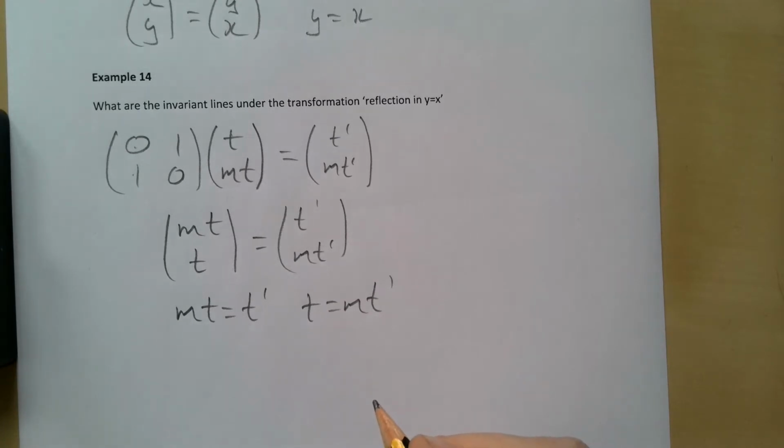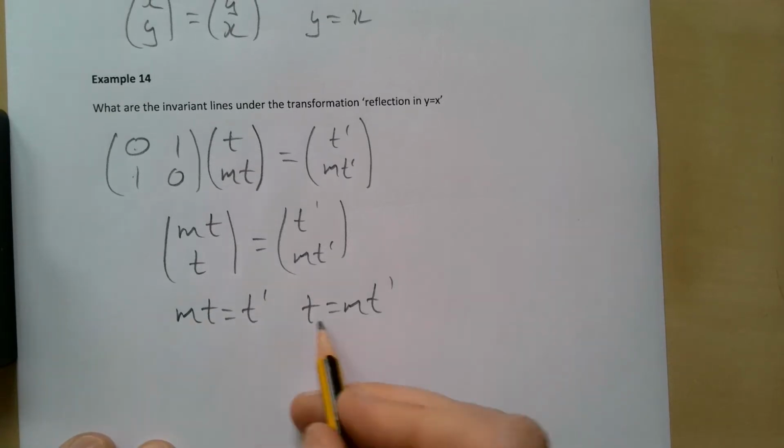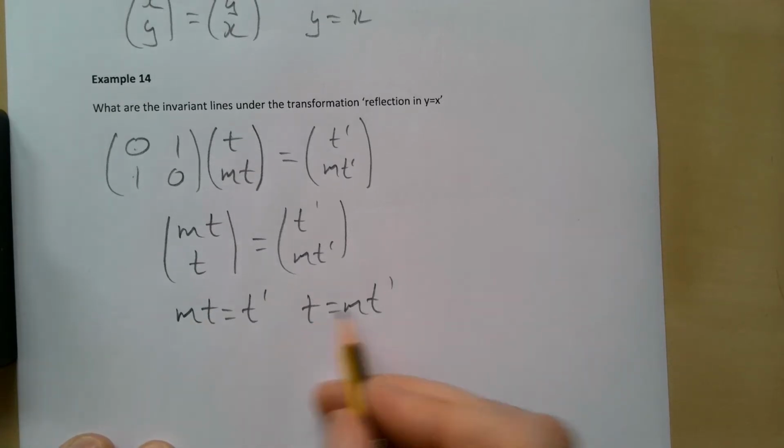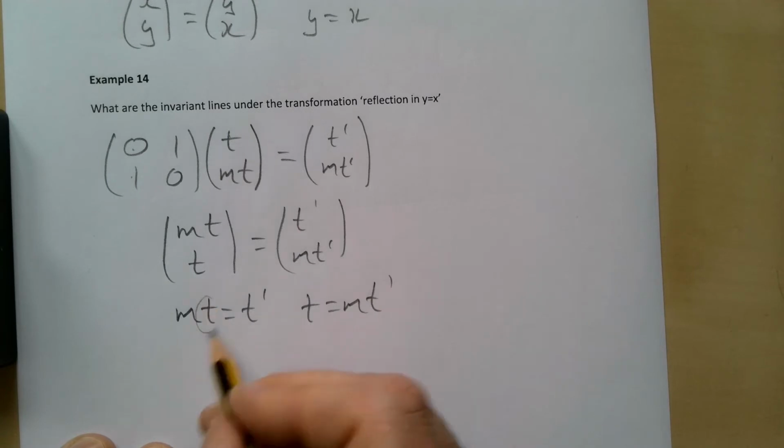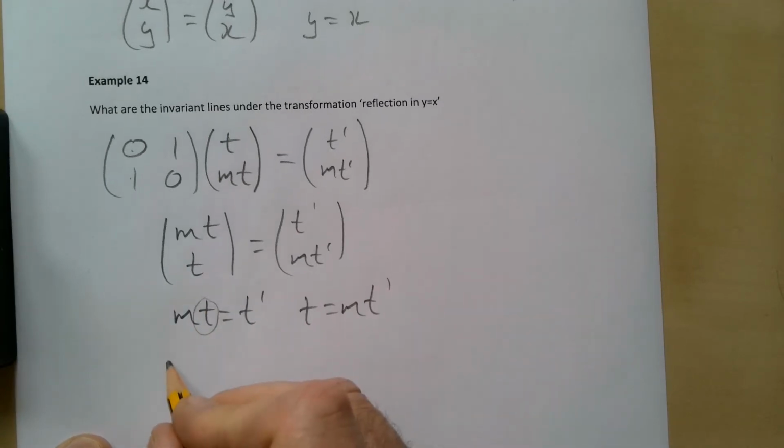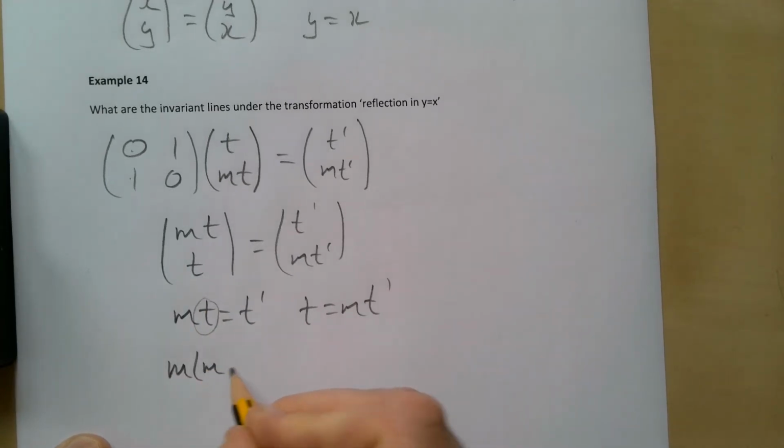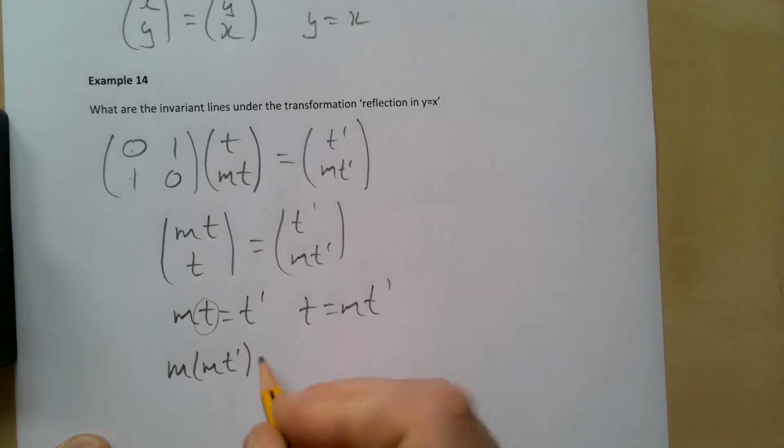So we can substitute and get a few values out. We know t is mt dash, so I'm going to exchange this t here for an mt dash. So it's m times mt dash equals t dash.